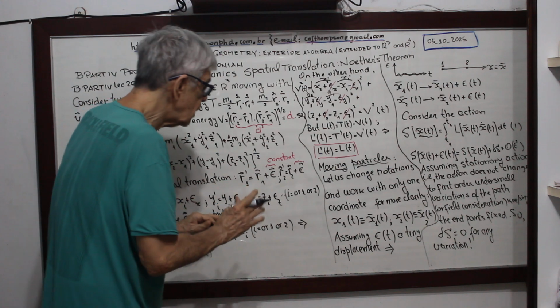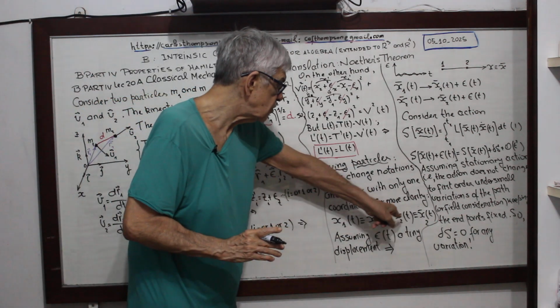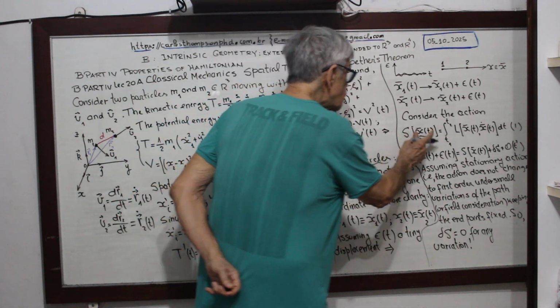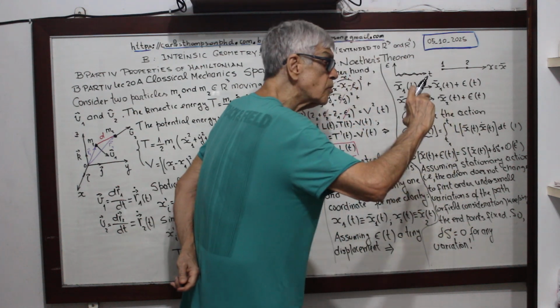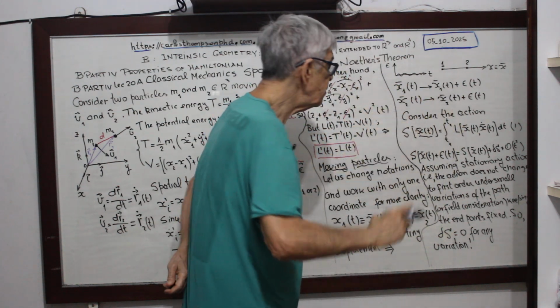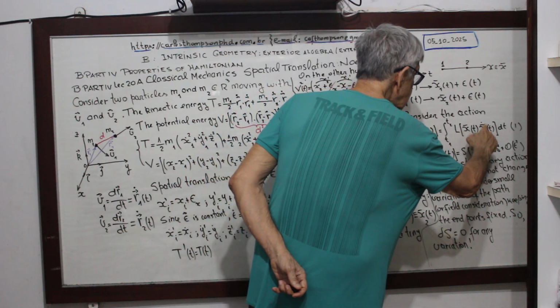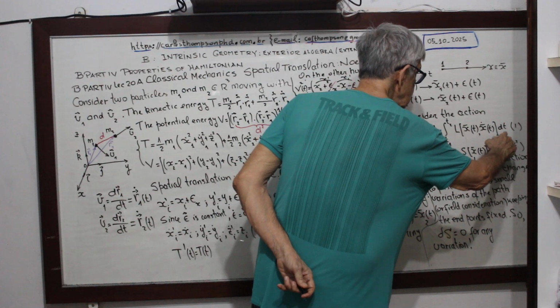It's identical. I just changed the notation as I mentioned. So the action is the integral from t1 to t2. Now the particle is moving, so x bar of t, x dot bar, in this case the velocity, dt.